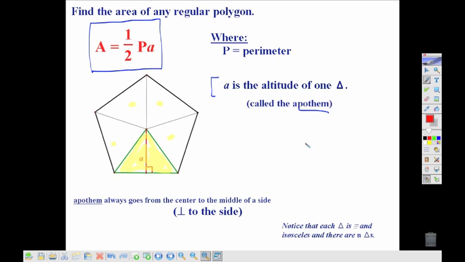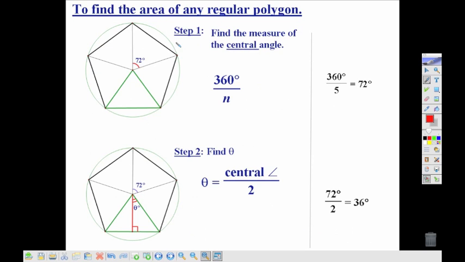Now the perimeter would also be, if we take one of our sides here, equal to 5 of those sides. So it's kind of like taking 5 triangles over here, or however many sides we have in our regular polygon. But this is the formula we're going to use. The main thing is remembering apothem means center, perpendicular to a side, and P means perimeter the whole way around.